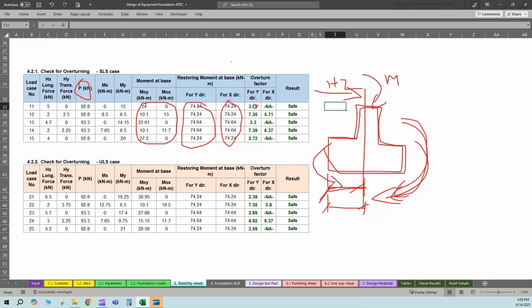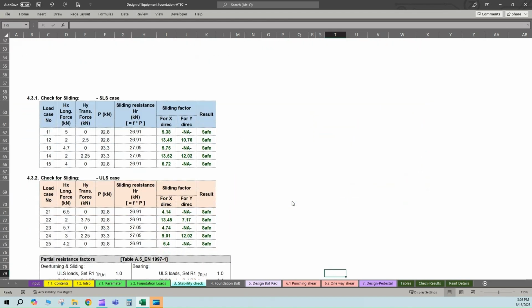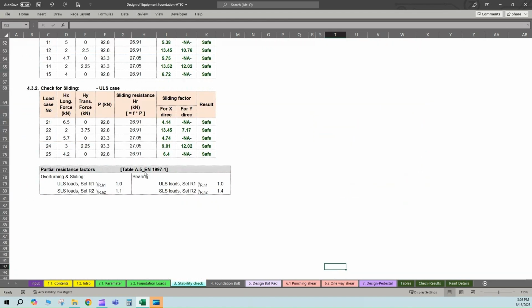While applying this, we are getting factors like 3.09 and 7.35, which are more than the expected values as per the EN 1997 code, which states 1 and 1.1 for overturning and sliding.